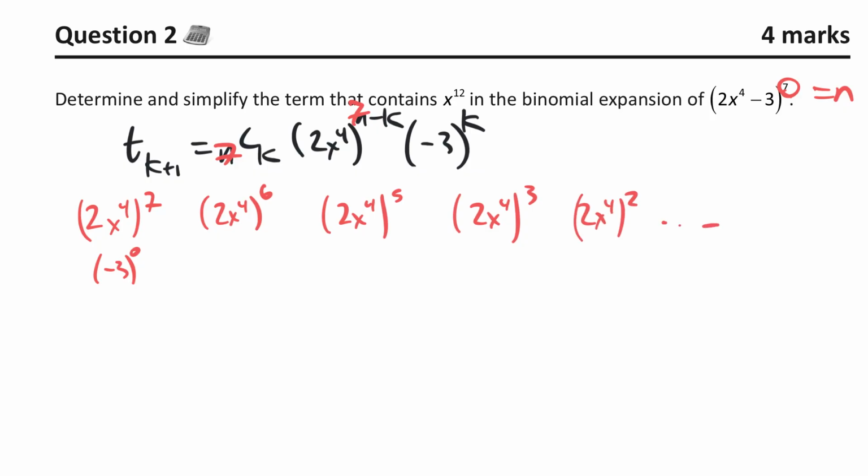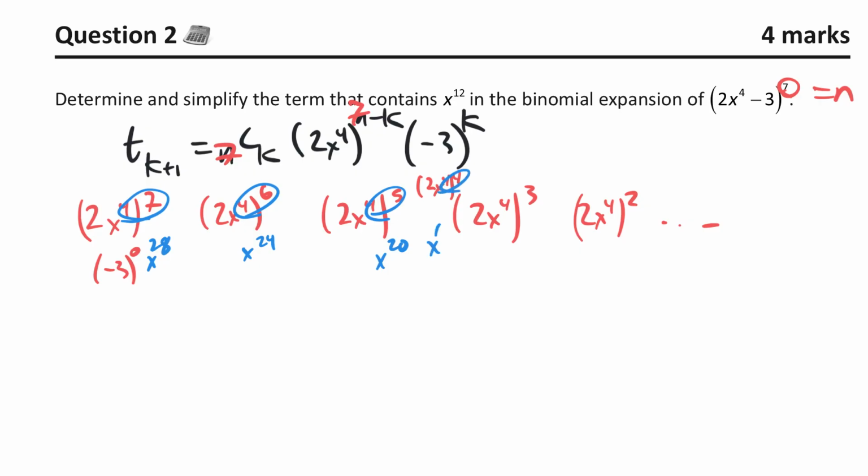And if we look at each one of these, we can imagine what the x is going to become. Here we have 4 times 7, so that's going to be 28. We'll get x to the 28. That's going to be x to the 4 times 6, so 24. x to the 4 times 5, so that'll be 20. And then, oh, it looks like I missed a term here. (2x to the 4) to the 4.